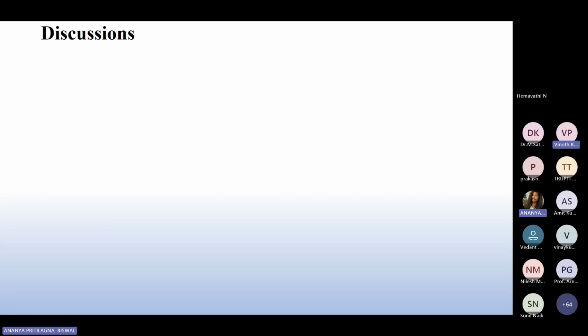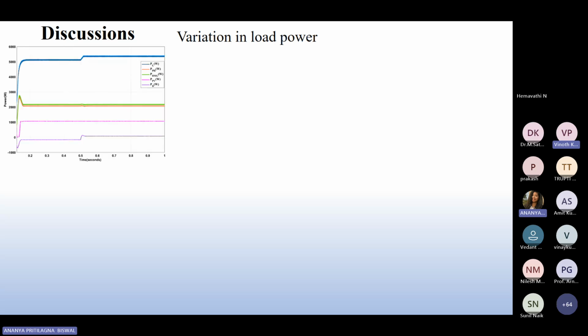These are the results we have got. If we vary the load power, here the blue curve is showing the load power. If there is a change in load power, that is satisfied by the battery, but the other three sources are maintained constant.